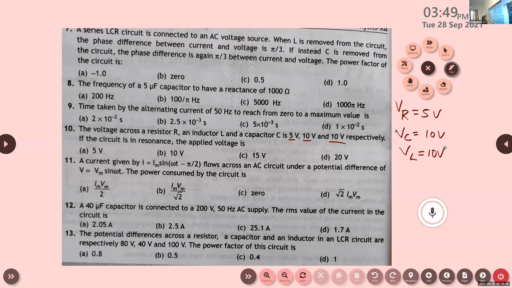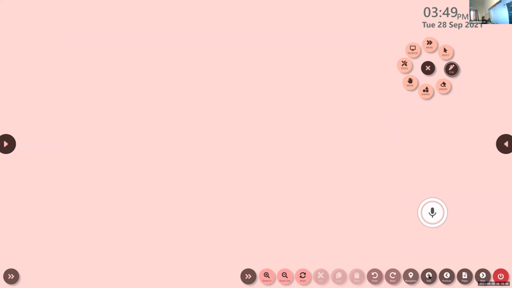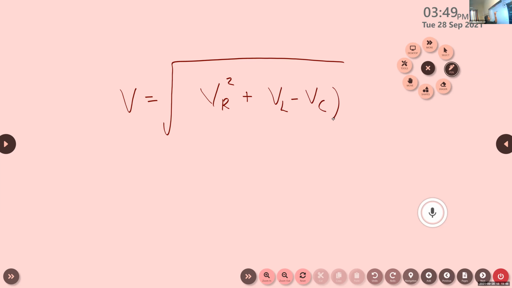For an LCR circuit, applied voltage V is equal to root of VR square plus VL minus VC the whole square. We study one equation like this.